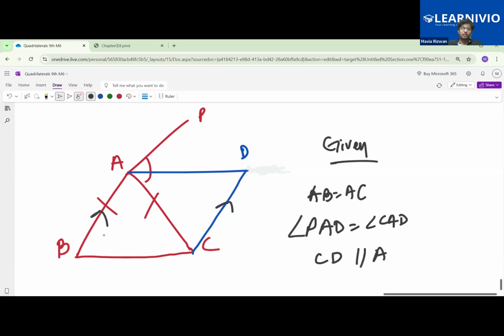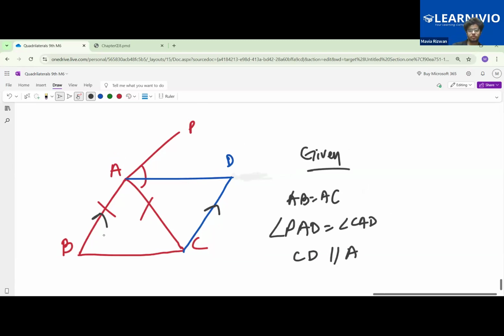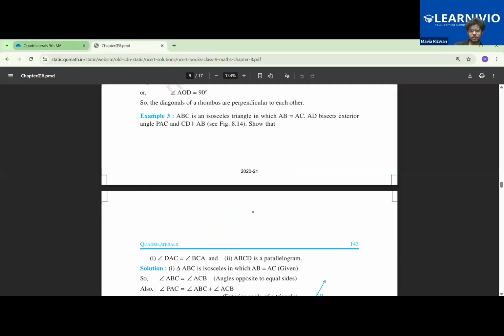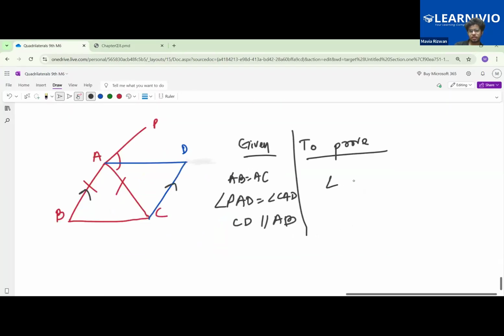Now they are saying that we need to prove that first part. So CD is parallel to AB, right? Yeah, sorry, AB. Thank you, Arjun. To prove, we have to prove angle DAC is equal to angle BCA.